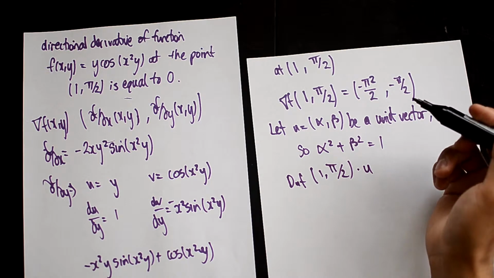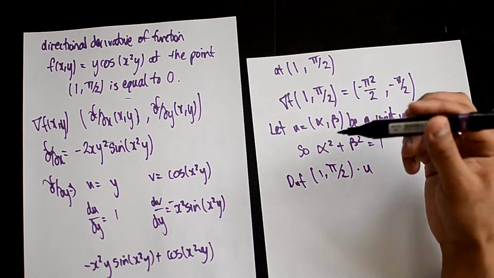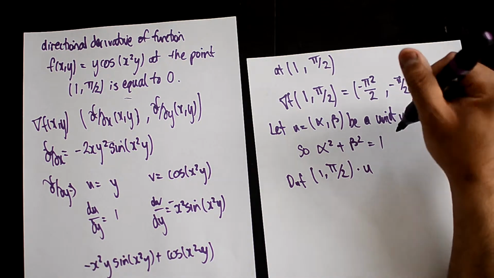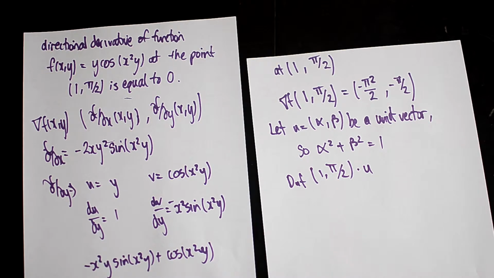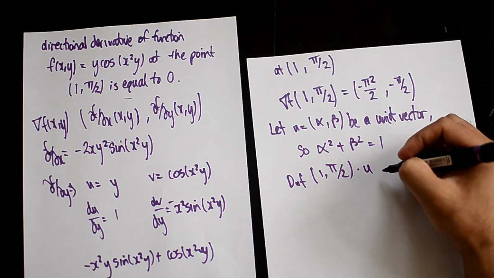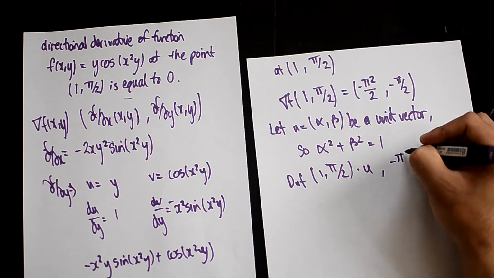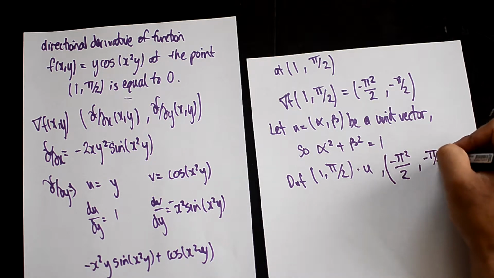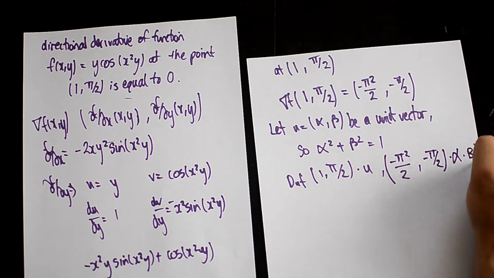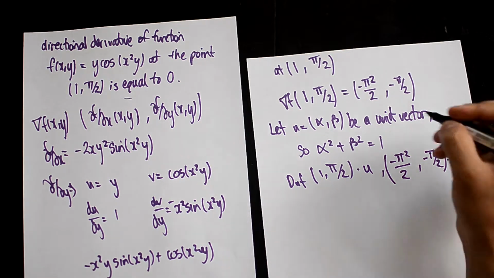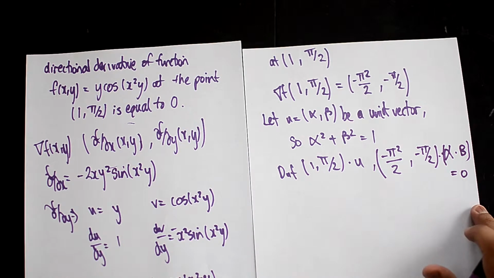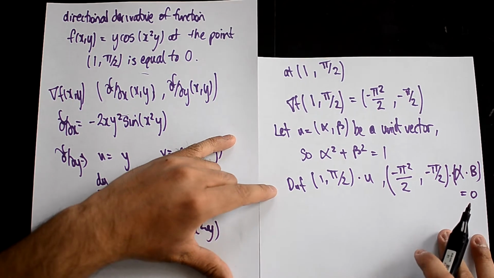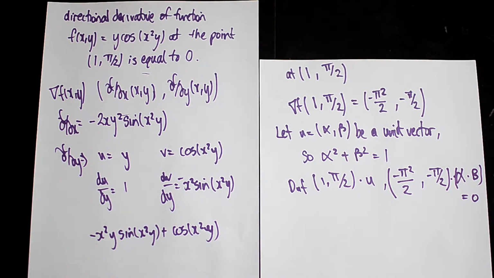We multiply everything across, so this direction vector by this unit vector, and we should get minus pi squared over 2 minus pi over 2 multiplied by alpha beta, and it's all equal to 0, as it's stated here. It's equal to 0. And then previously, like I said, I know this is kind of an incorrect way, but there are loads of incorrect ways of just remembering things, I suppose.